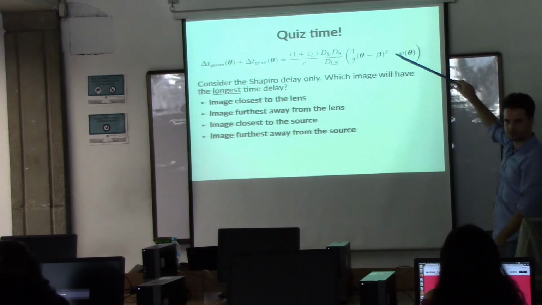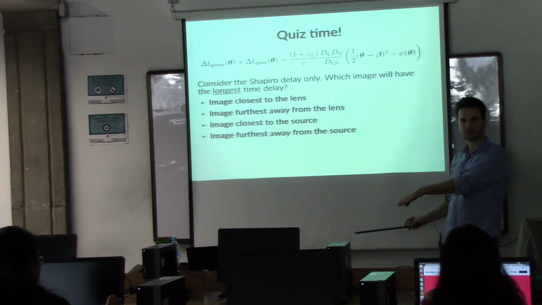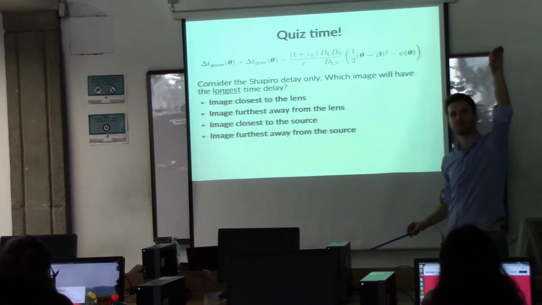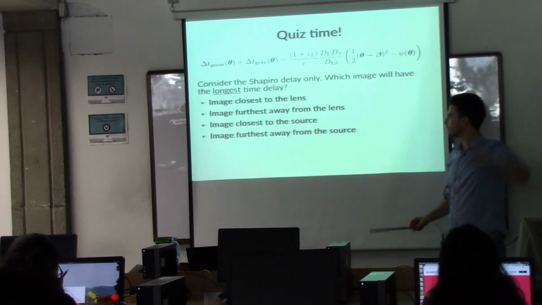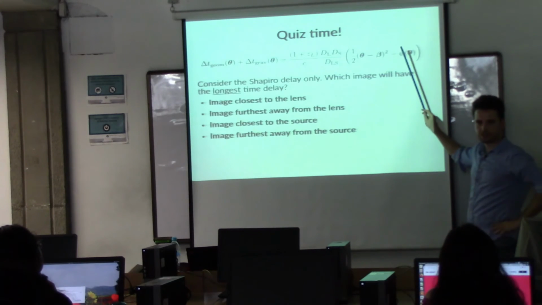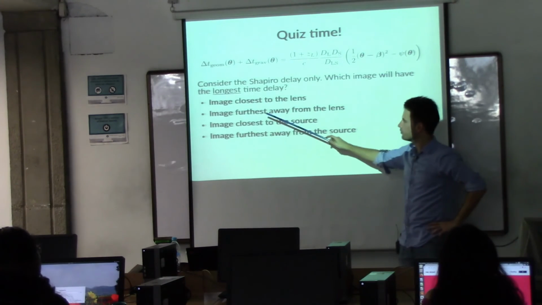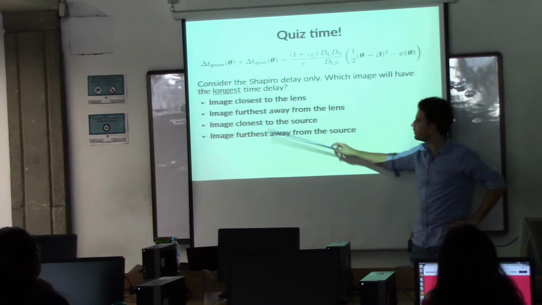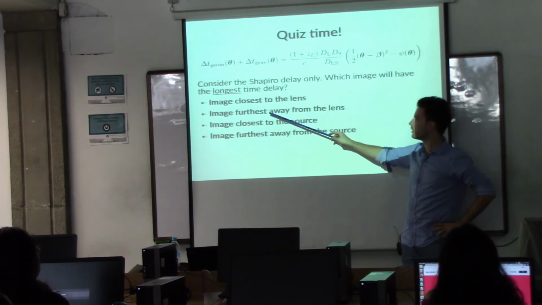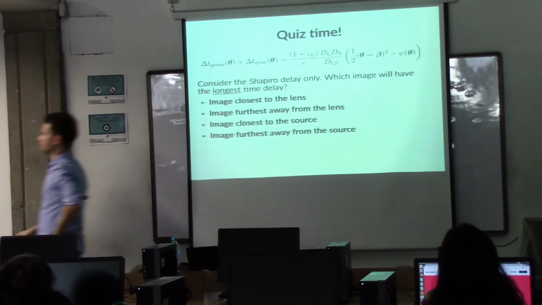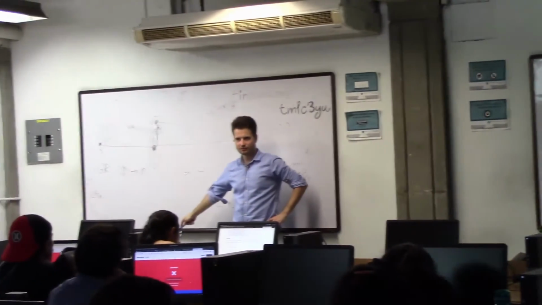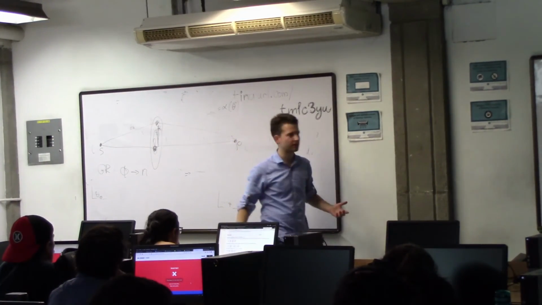So if you take the negative sign of that, as you go closer to the lens, minus the lensing potential, and the time delay, goes up. So the image closest to the lens will have the largest gravitational time delay, whereas the image furthest away from the lens will have the smallest gravitational time delay. You can also take this in a limit: an image that is completely away from the lens will never know there is a lens. There is no reason for it to care about the gravity at all.